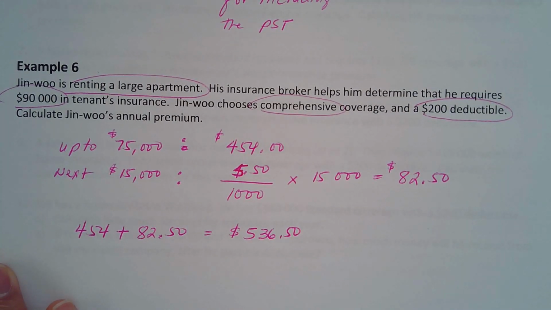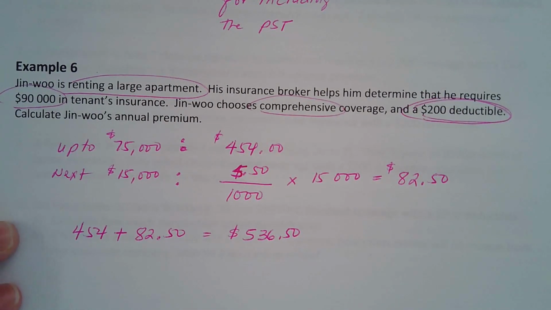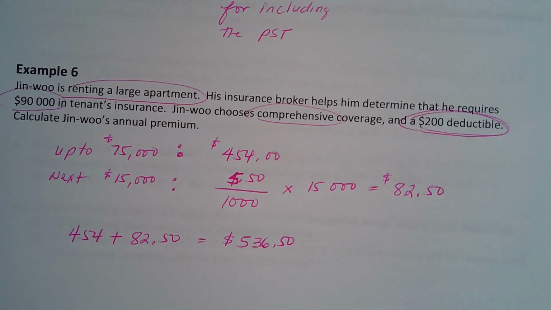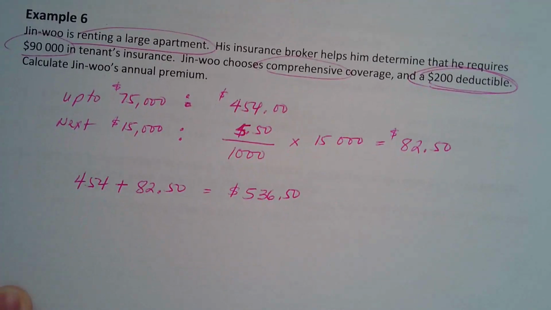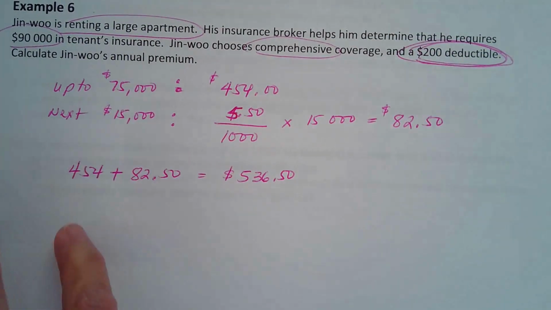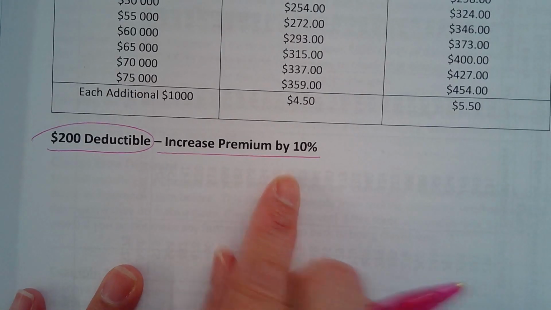Okay. What else do we need to do? $200 deductible. Okay. So we have a $200 deductible. We have to increase the premium. What does it say here? Increase the premium by 10%.